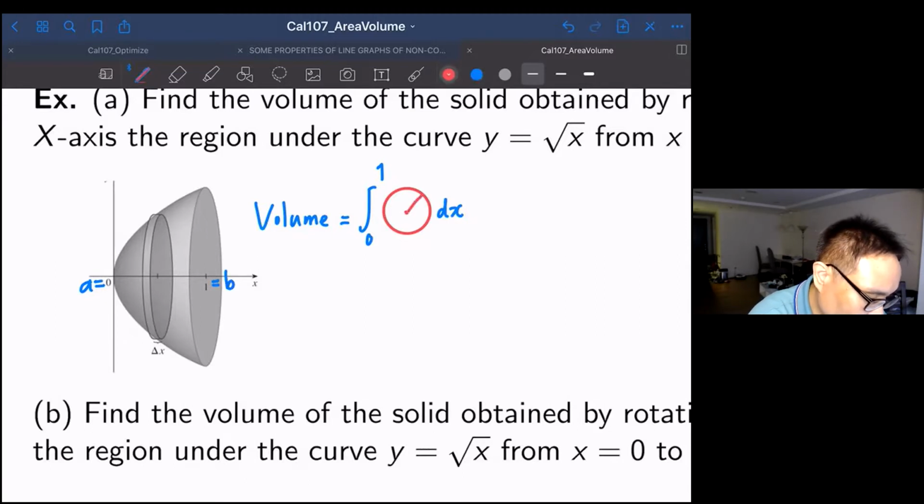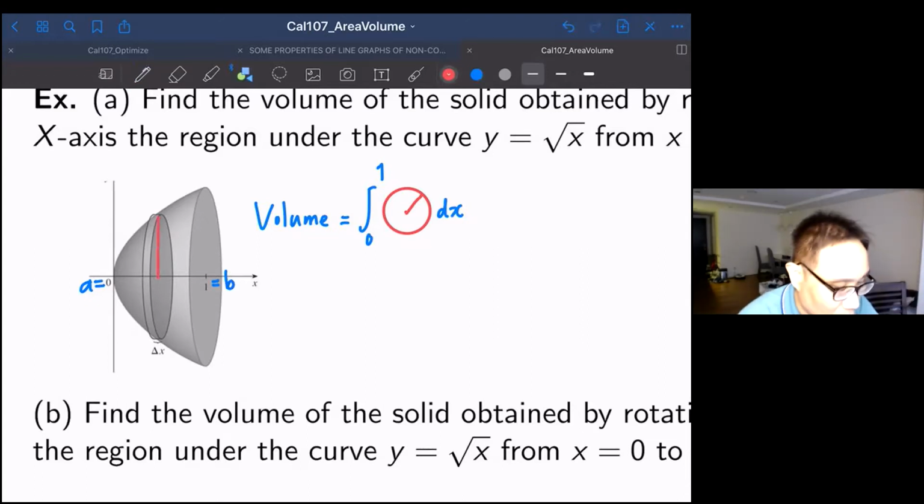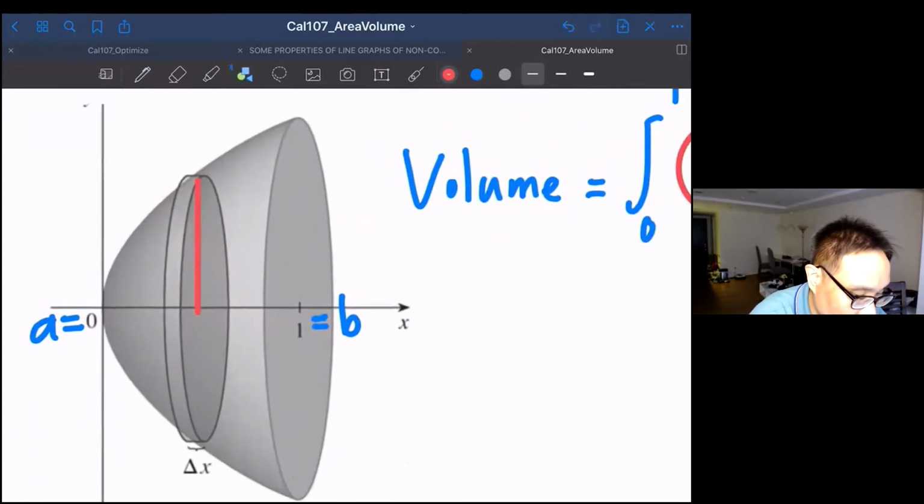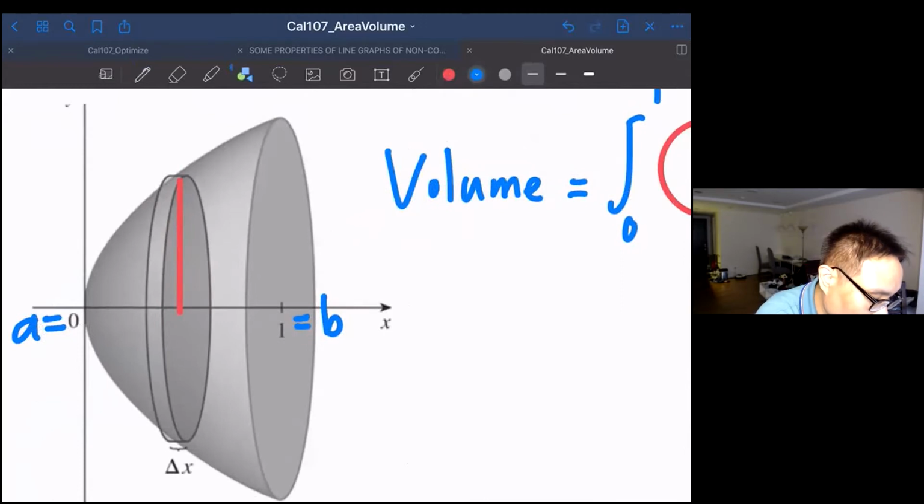You see the center and you see the radius. So you're gonna see that the radius will be given by y. This one will be your x.